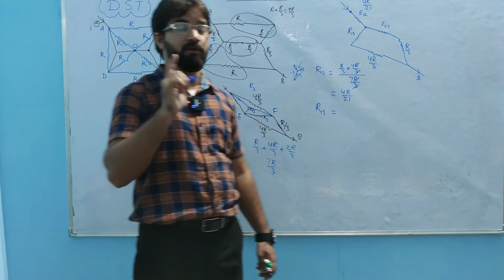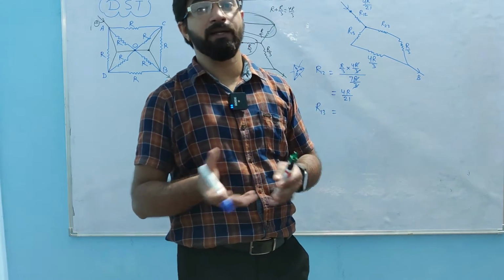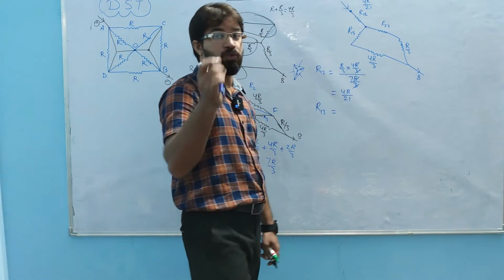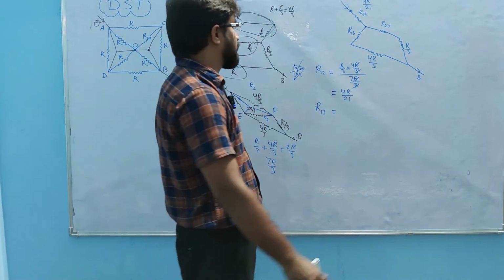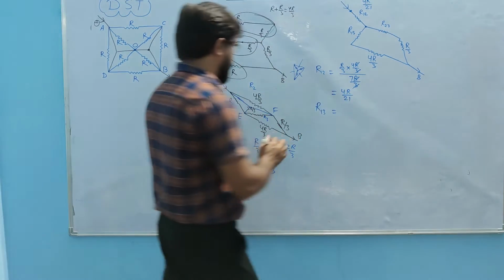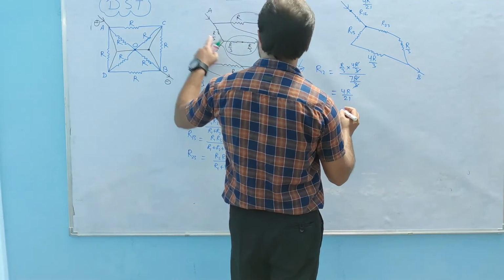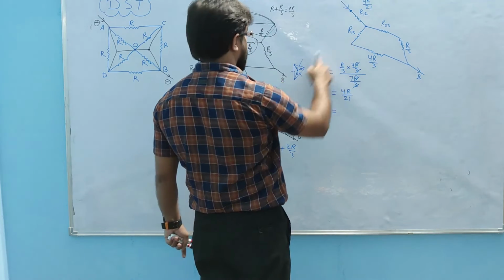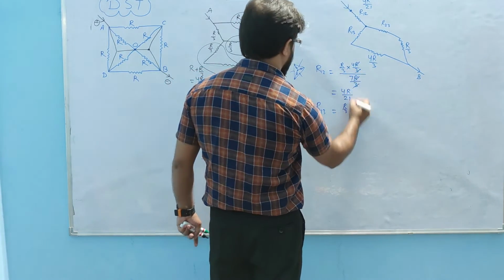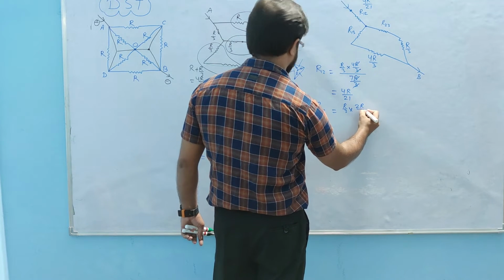Yesterday in our one video you have seen we applied symmetry, junction removal, then delta also we have to apply. So you should know how to apply delta, otherwise you will be stuck in a jam. R13 is R1 into R3, R1 is R by 3 and R3 is 2R by 3.